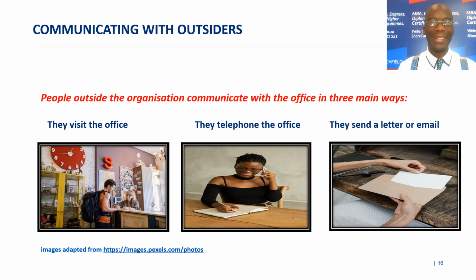There is no organization that is an island. Organizations communicate and interact with people who are outside the organization. The question may be, how do these people interact and communicate with the organization? They may do so in three principal ways. Number one, they may choose to visit the organization physically at its operating premises. Number two, they may choose to telephone the organization.